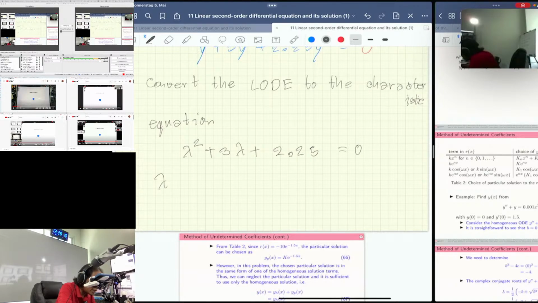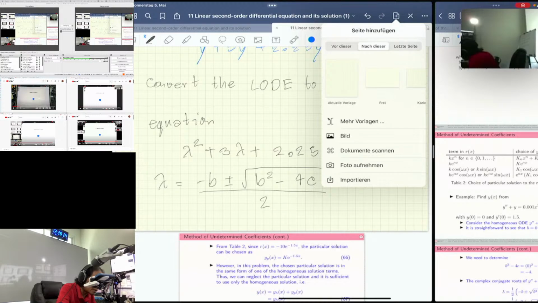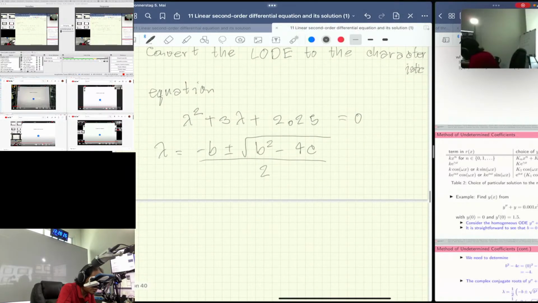Lambda is minus b plus or minus square root of b square minus 4c, and divide by 2, as in the usual case. And as you know, b is 3 and c is 2.25.